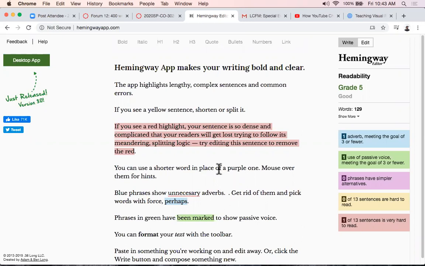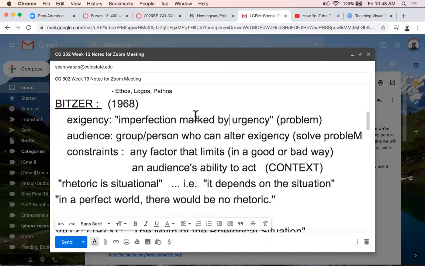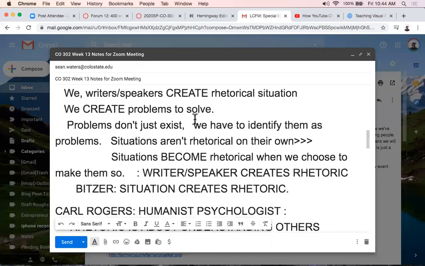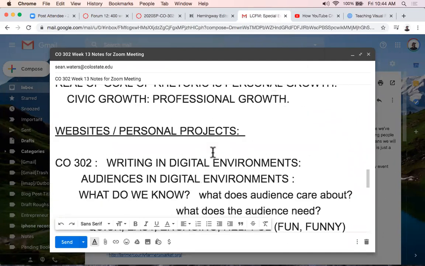Okay, point being, what I wanted to do in this lecture that is now droning on for 30 minutes is show how rhetorical theory in the big picture, from Aristotle to Bitzer to Vatz, is really about understanding your audience and what your audience needs.